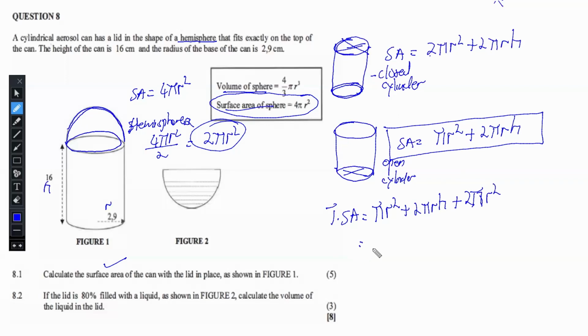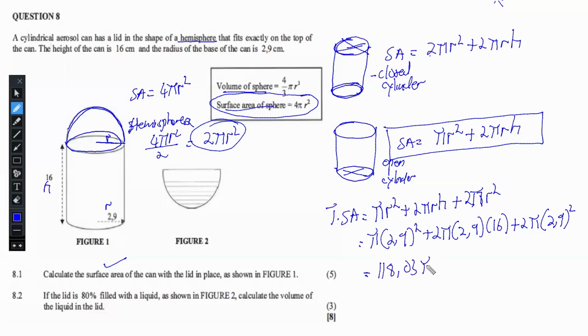At this point, we simply substitute. We have pi times our radius of 2.9 squared, then 2 pi, radius 2.9, multiplied by the height of 16. And then here we have 2 pi, and our radius again 2.9. Remember, the radius of the cylindrical can is the same as the radius of the hemisphere because it fits perfectly in here.